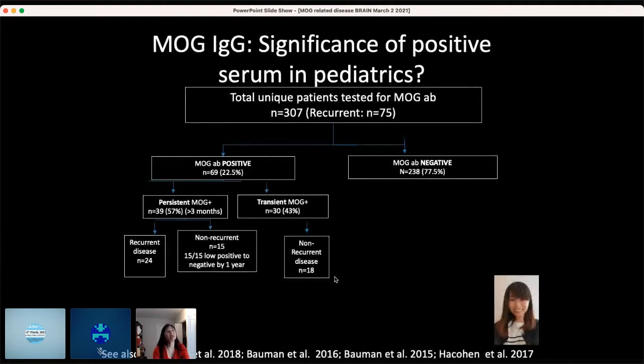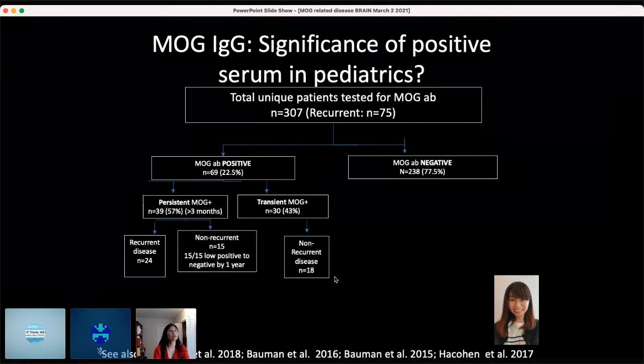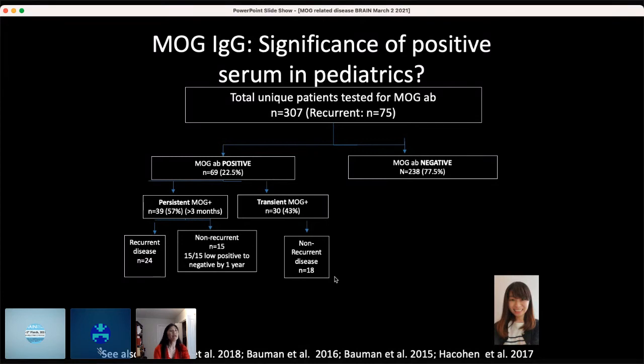So what is the significance of a positive serum? There's been a lot written about positive MOG antibodies. It's coming out more, but one of the important issues to consider is whether or not the antibody continues to be positive in the blood.